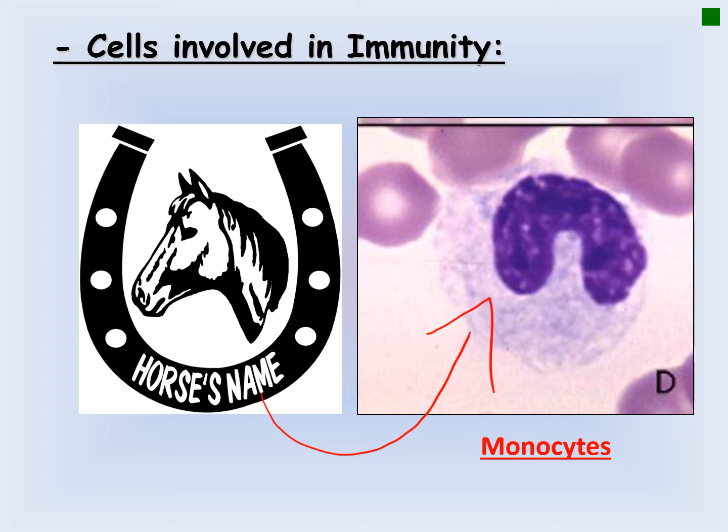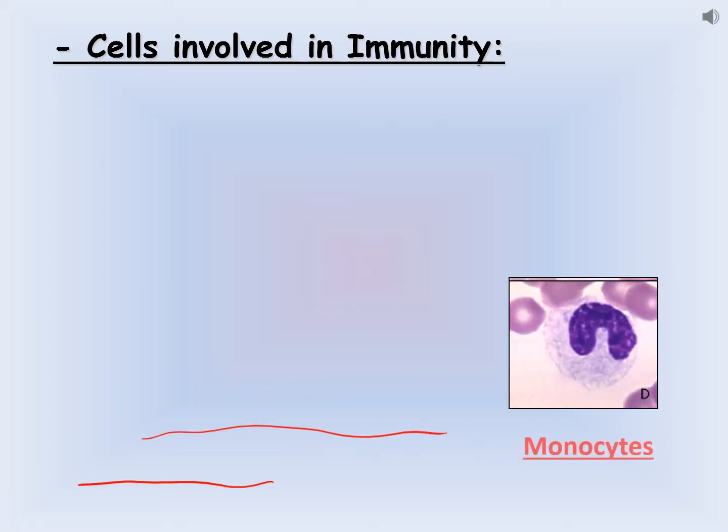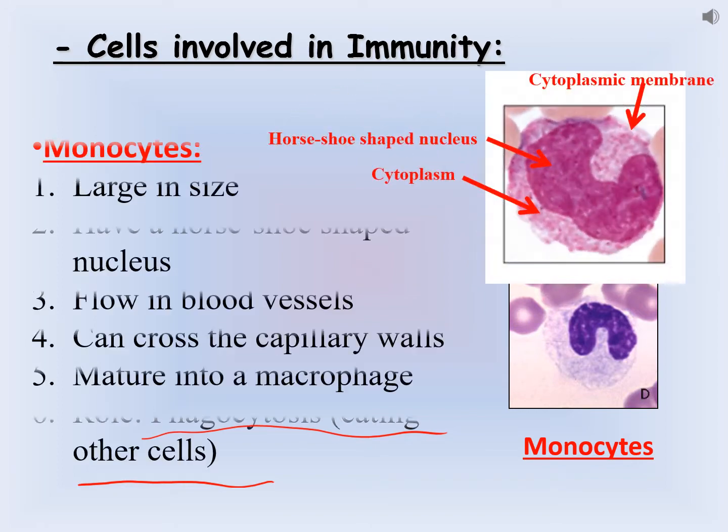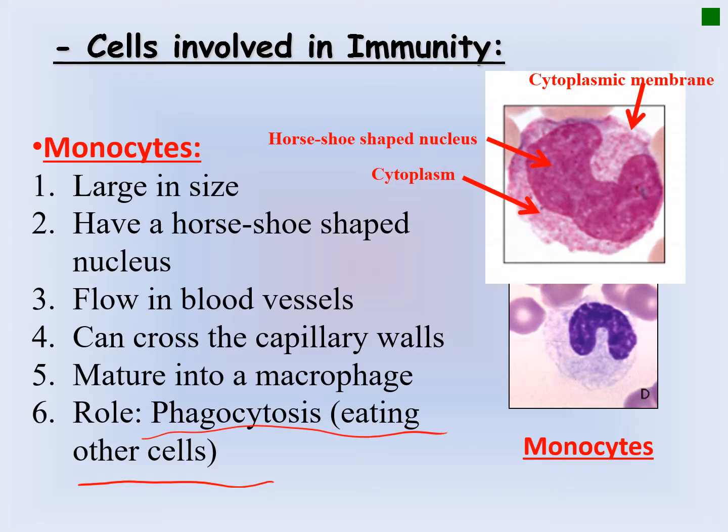First, the cells involved in immunity. If you see this figure, it looks like a horseshoe-shaped nucleus. This is one of the cells that are involved in immunity. They are called monocytes. Monocytes have a horseshoe-shaped nucleus and a cytoplasmic membrane.